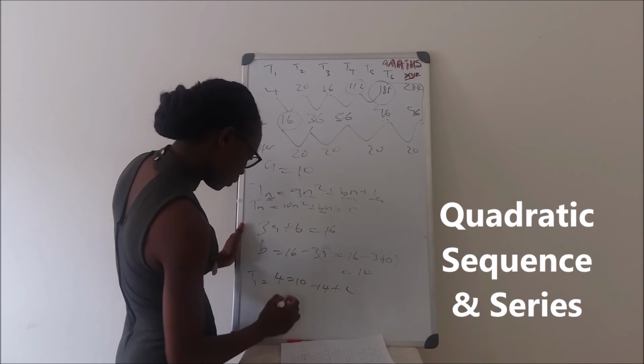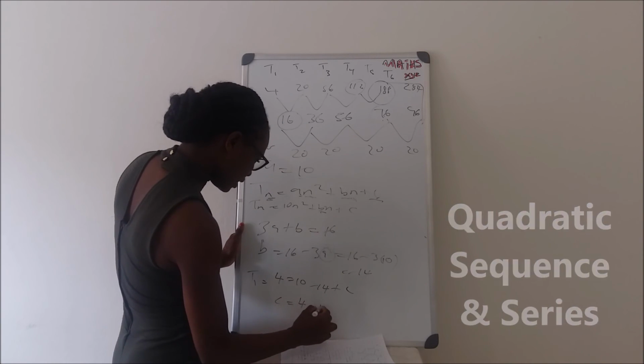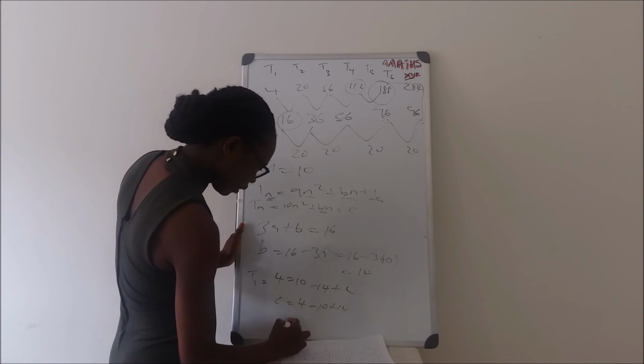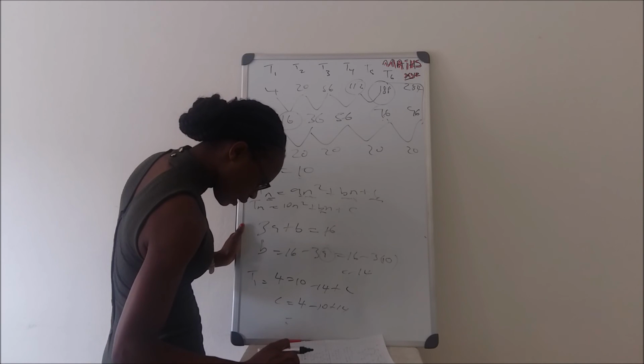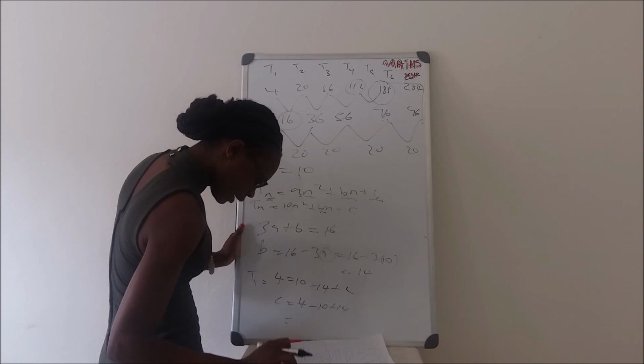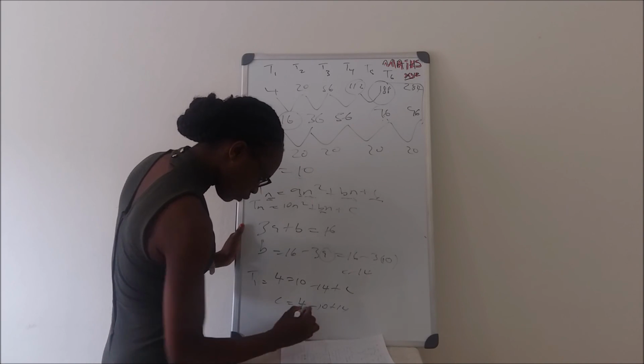So our c is equal to 4 minus 10 plus 14, which is 8.